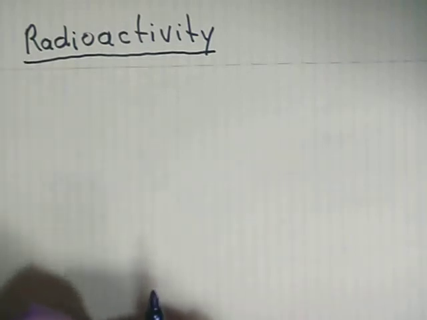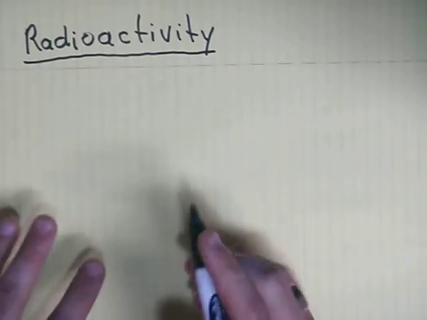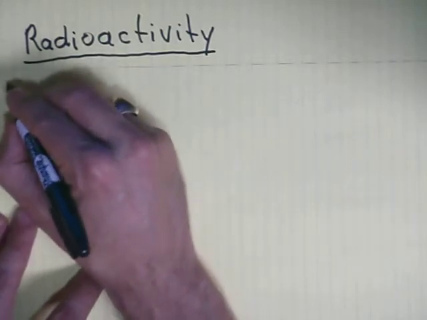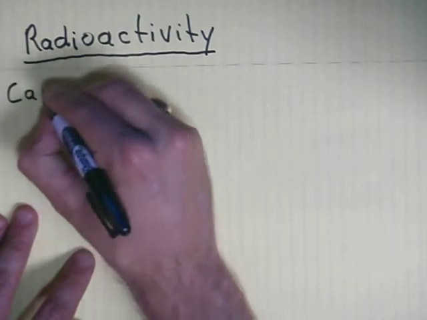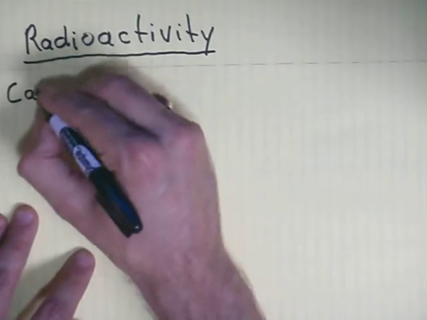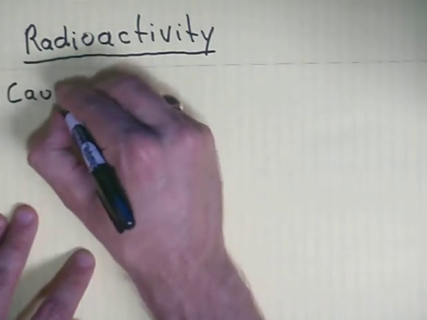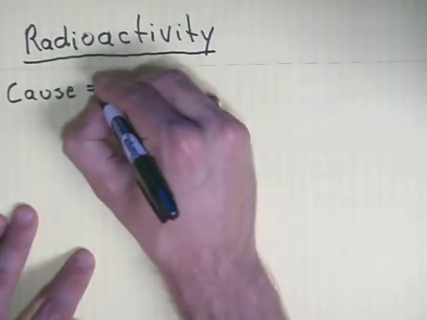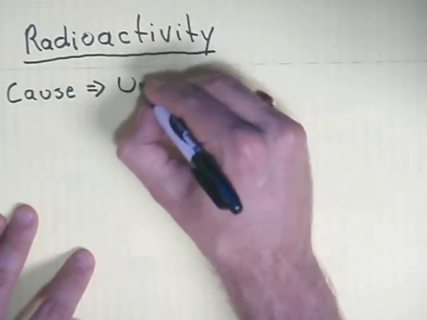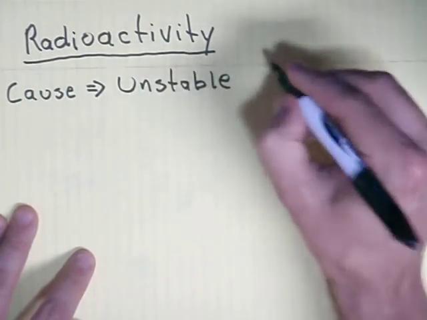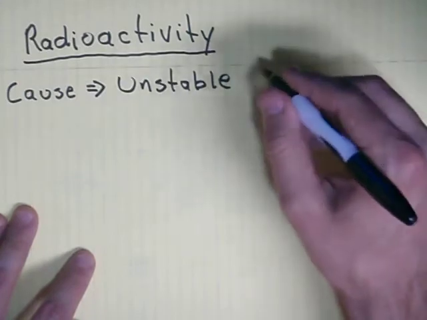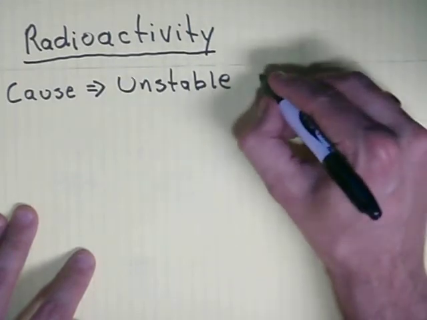We're going to talk about the types of radioactivity, the types of radiation, but before we get to that, we want to start talking about the cause of radioactivity and the cause of radiation. And really, it essentially boils down to one primary cause. And that cause is that there's an unstable nucleus.